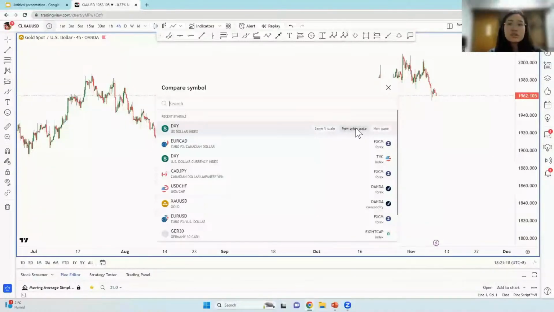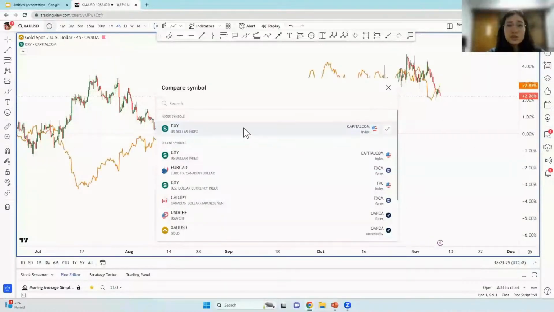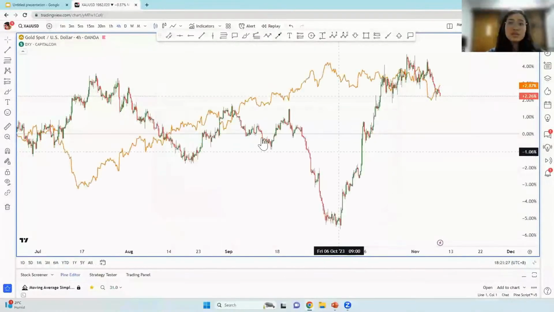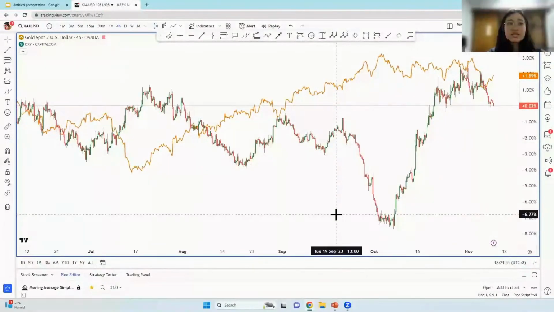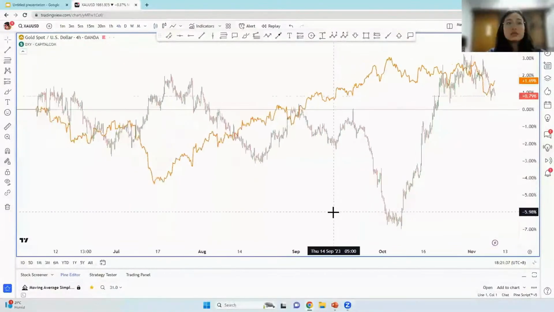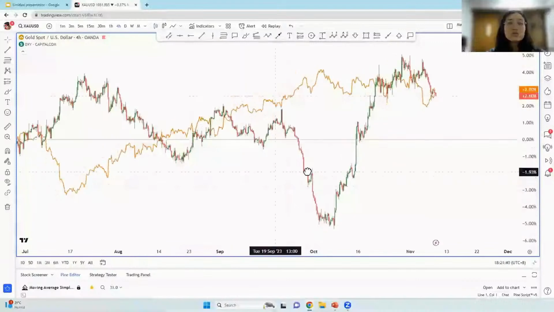Okay, you can of course click on the new price scale, but then you would be comparing on a different scale. So I just like to click on this one. Okay, and you can see, as I've explained before, the DXY or the US dollar tends to be negatively correlated to gold.